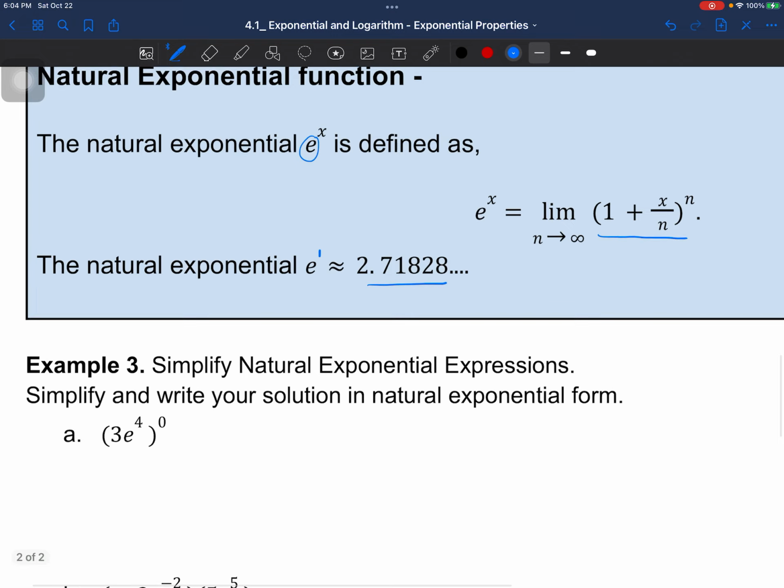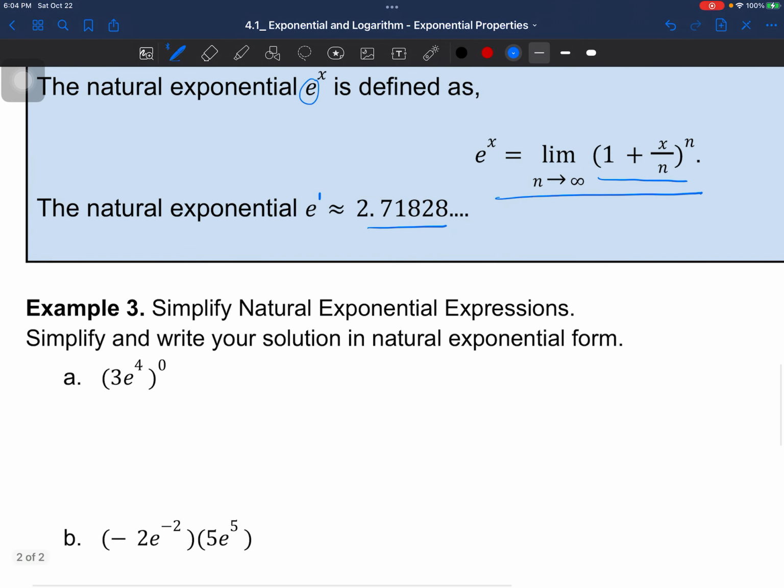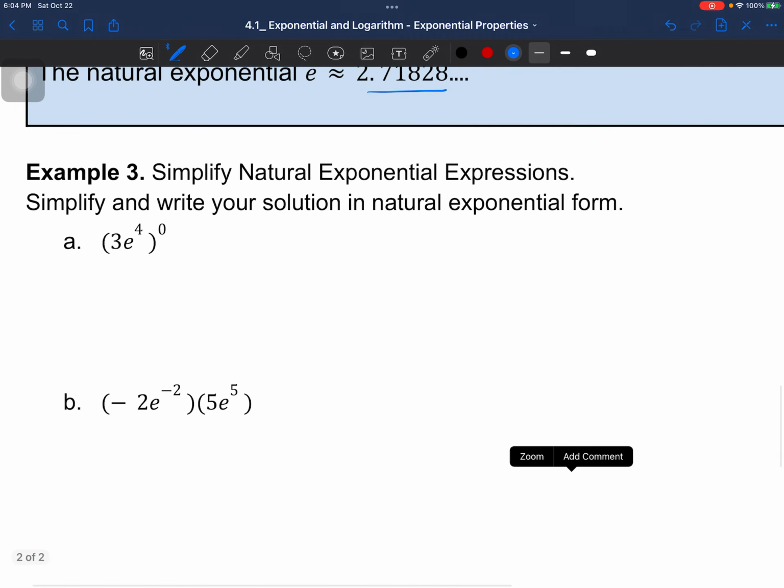It is an infinite decimal, and so if you try e to the 1 in your calculator, this will give us 2.71828, and so on and so on. But it was designed from here. It came from somewhere, and in the next section, we'll talk about why and where it was introduced.